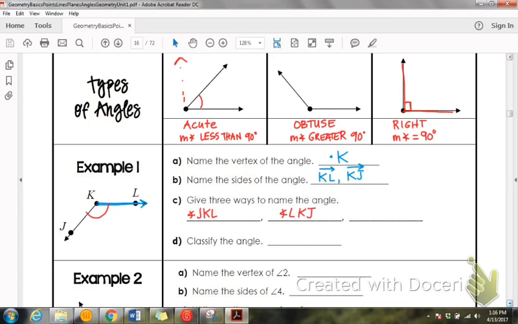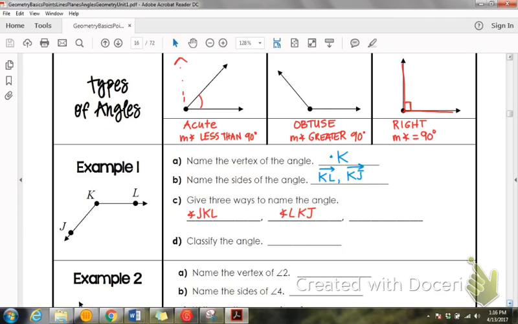And then the third one is a little bit different. We didn't really talk about it. Chris Stoller, what do you have there? Angle 1. Ooh, angle 1. There's no 1 anywhere, is there? One of the things that you can do that I don't like to do very often, but sometimes there's going to be a problem where you have like 8 angles and they're all the same kinds of letters.